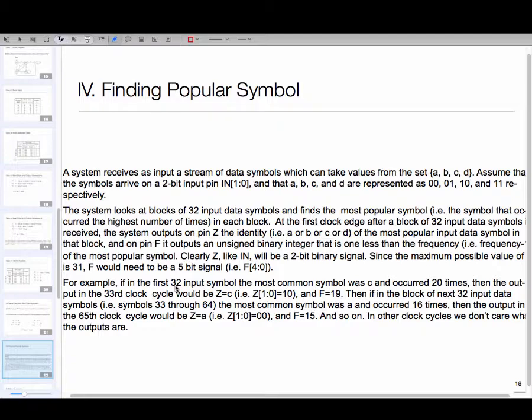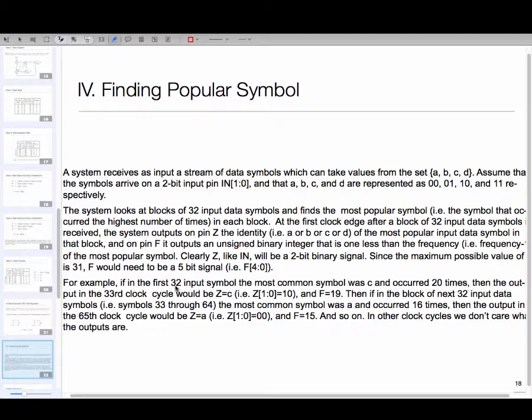Why does it ask us to output one less than the actual number? Well, the idea is the following: because I have 32 symbols, it's possible that all of them were the same letter. So I can have a frequency of 32, but that would need 5 bits.